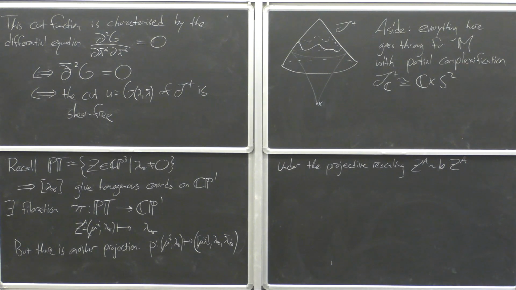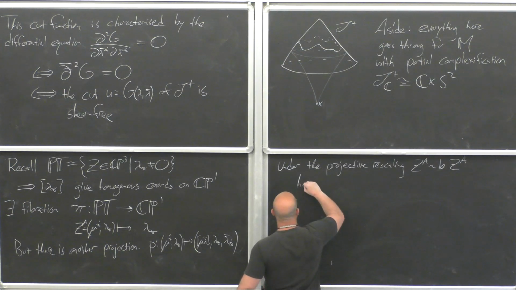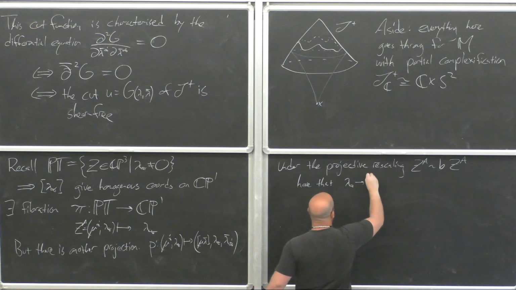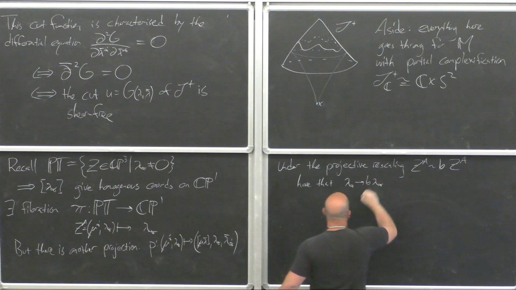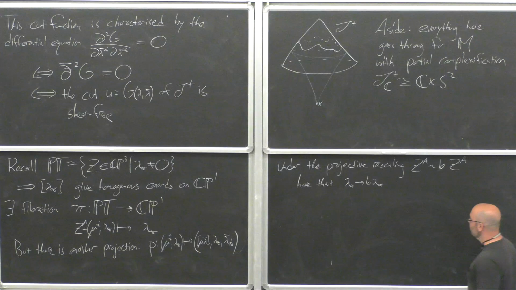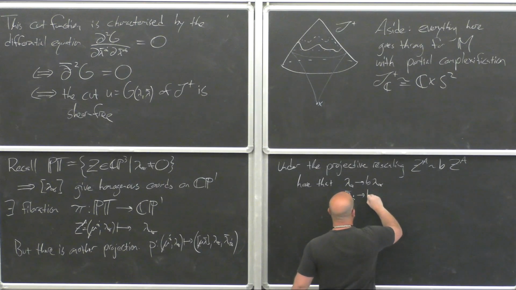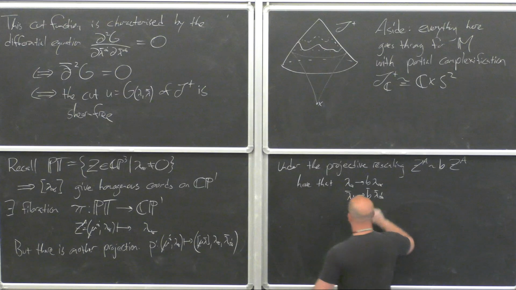This is the projective scale we have built into the game for our homogeneous coordinates in Twistor space because we're on an open subset of CP3. We have that lambda alpha does the obvious thing. Lambda bar alpha dot goes to B bar, lambda bar alpha dot.